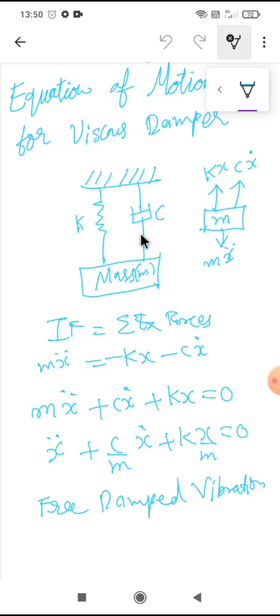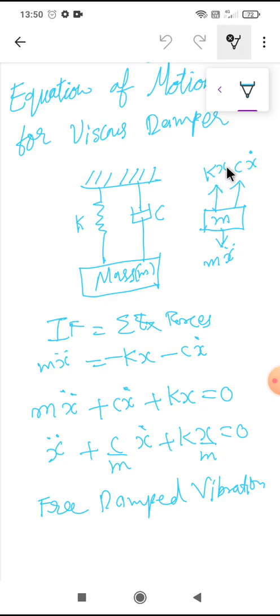Here we have resolved all the forces. There are only two forces in the upward direction: the spring force kx, that is spring stiffness into displacement, and the damping force cx dot, that is damping coefficient into velocity.